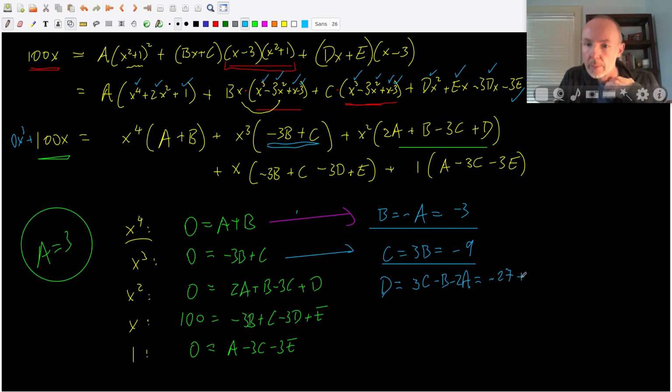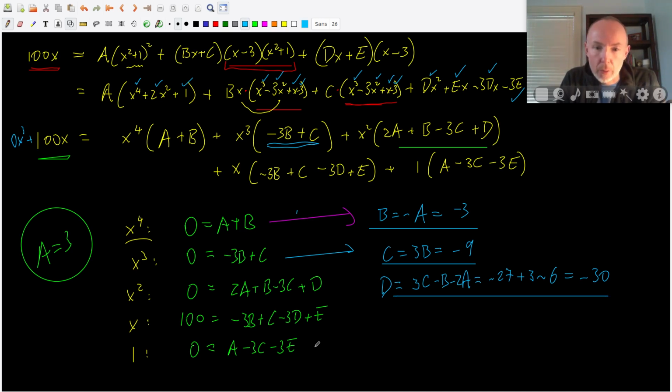Subtract b, well, that's the same as adding 3. And then subtracting 2a is subtracting 6. And I think that whole mess works out to be minus 30. So there's a value for d.